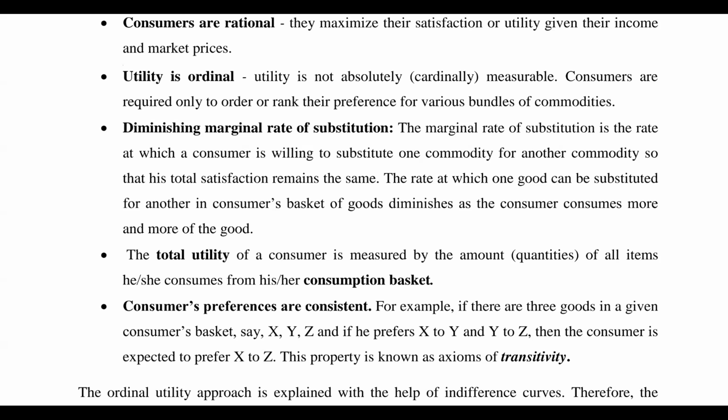The rate at which you can do that substitution is called the marginal rate of substitution. Now, it is assumed to be diminishing for this theory to hold, right? For ordinal theory to hold, we should have the diminishing marginal rate of substitution.